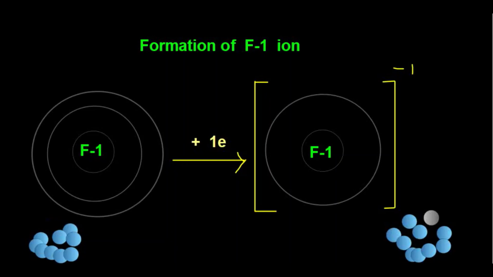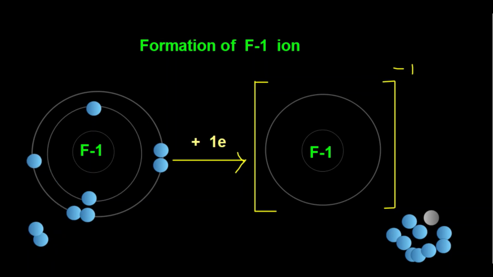First of all, we will write the electron dot structure for the fluorine atom. Fluorine has 2 electrons in its K shell, so we write 2 electrons in the first shell: 1, 2. In the second shell, which is the L shell, there are 7 electrons, so we write 7 electrons in the L shell: 1, 2, 3, 4, 5, 6, 7.